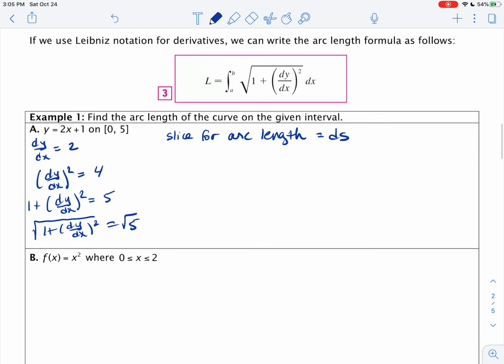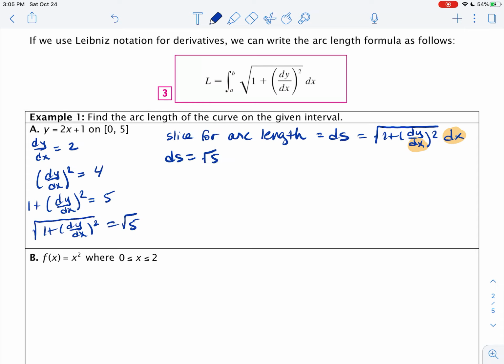They use that as an s, so I believe that the ds here is where they come up with that letter s, and we call that the square root of 1 plus (dy dx) squared dx. And keep in mind that we can integrate with respect to y, and then it would be the derivative of x with respect to y, and we would have dy instead of dx, but keep in mind that those are going to be the same.